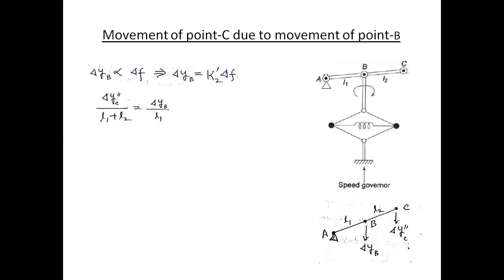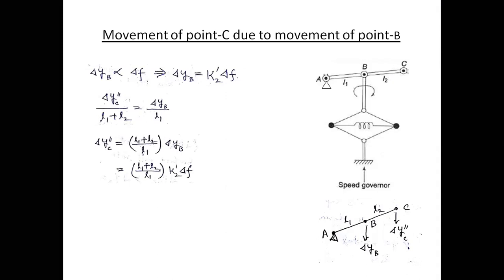In the next part, same process: del YC double dash divided by the distance from the fixed point. A is the fixed point now, so we take distance AC in the denominator. So del YC double dash divided by L1 plus L2 equals del YB divided by L1.